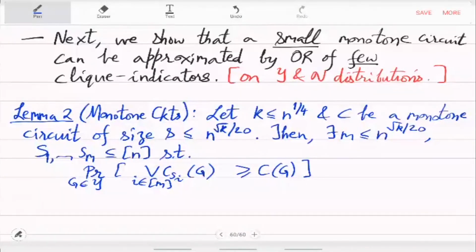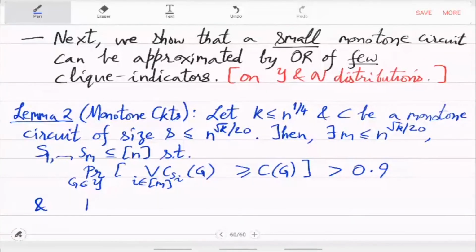The value of the monotone circuit C on this G may be 0 or 1, but whatever it was outputting, the OR of the indicators is at least that much. It matches the answer of C with high probability on most of the yes instances, according to the distribution.